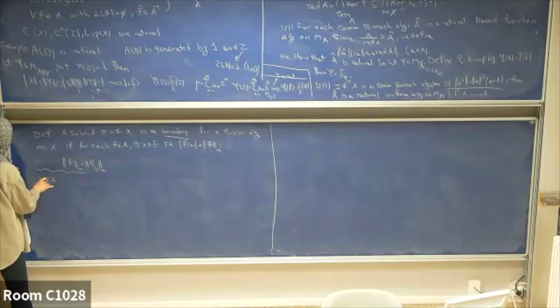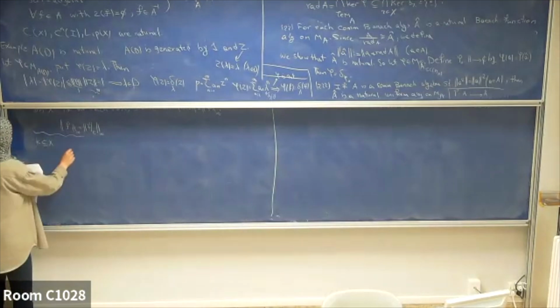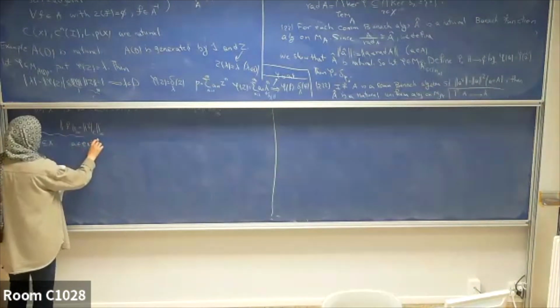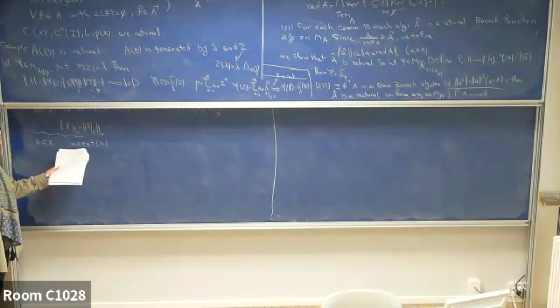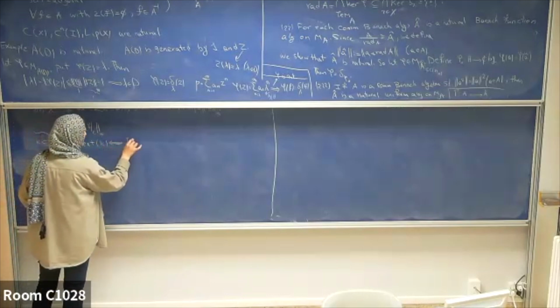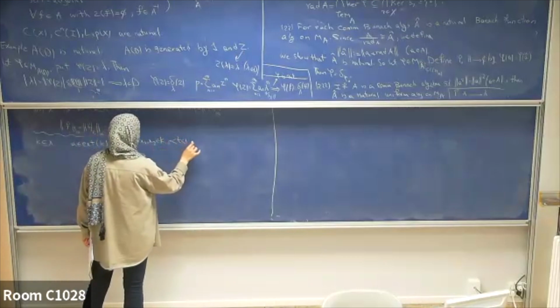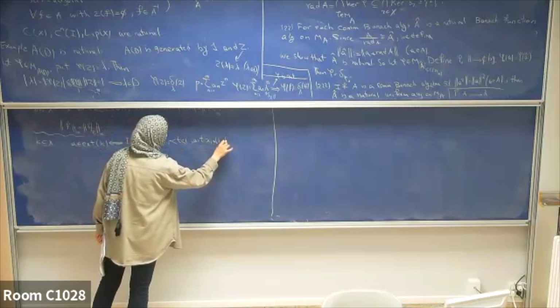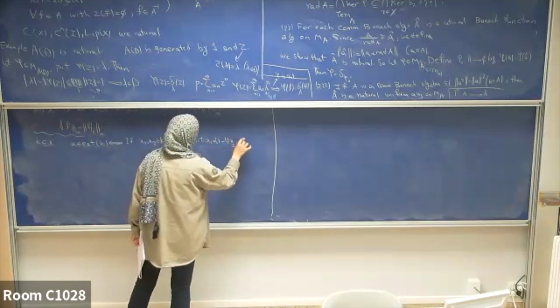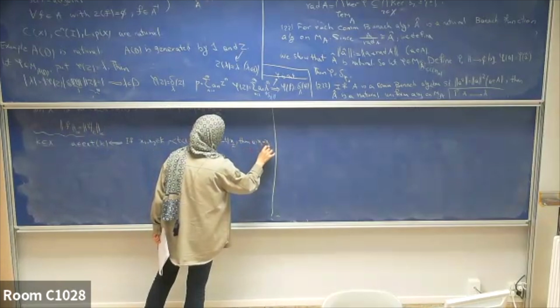If K is a convex subset of X, for example, a normed space, or even a vector space, also okay, then a is an extreme point of K if a is not an interior point of any line segment which is contained in K. In other words, if for example x1, x2 in K and t between 0 and 1, and a is t x1 plus (1 minus t) x2, then from this equation we obtain that a is equal to x1 is equal to x2.